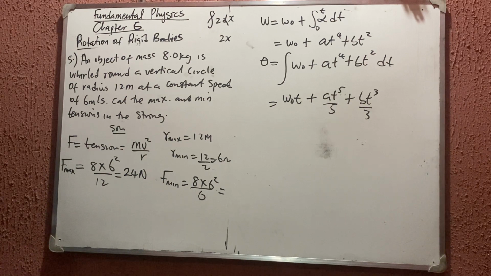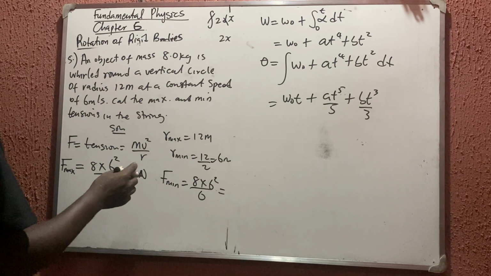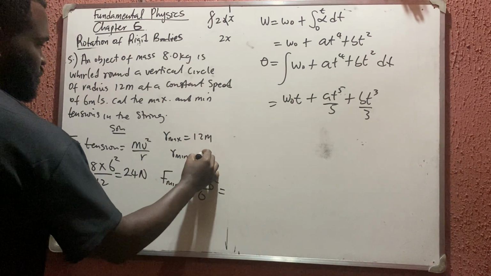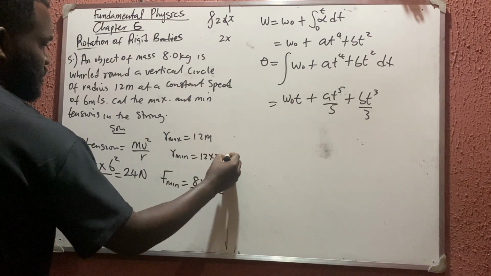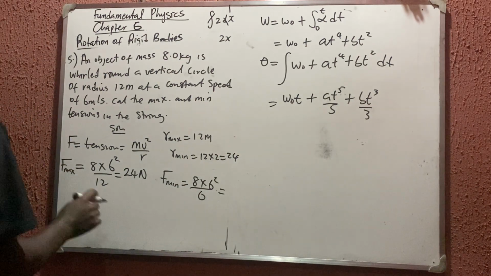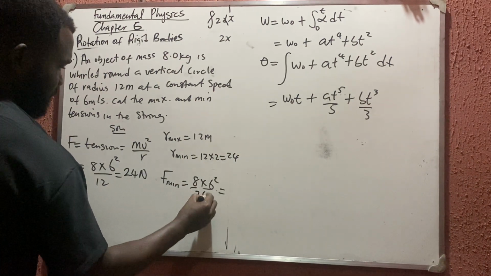Tension for the minimum. Am I having tension for the minimum supposed to be smaller than this? It's supposed to be half of the tension of the maximum. So this is going to be times 2, not divided by 2. So it's going to be 12 times 2, which is 24, because it's supposed to be half of the tension here. So I'm going to have 24 here.